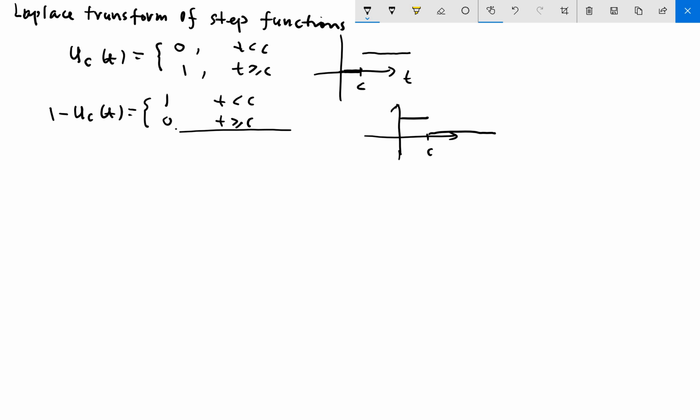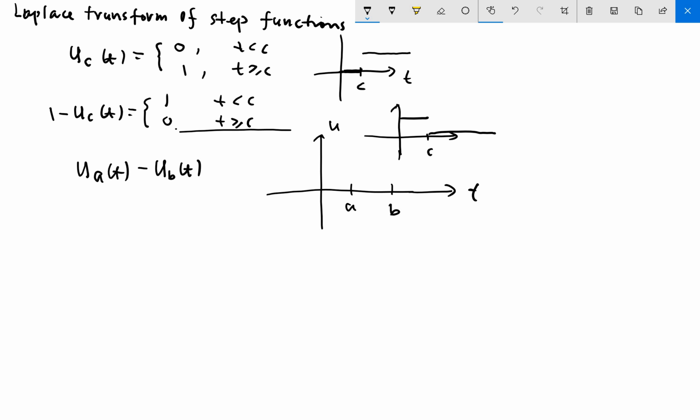One more function we need: for example, u_a(t) minus u_b(t). What does this function look like? Here's t. Say a is here, b is here.